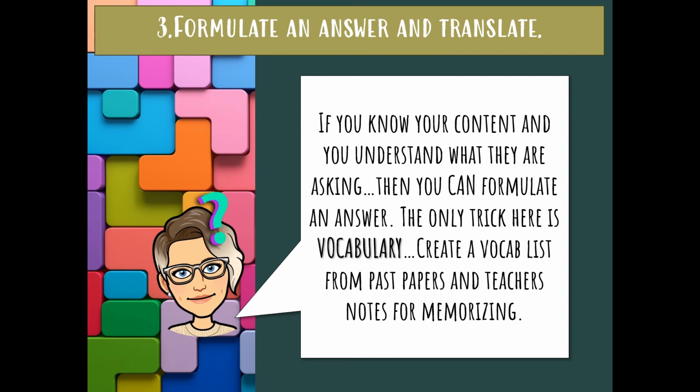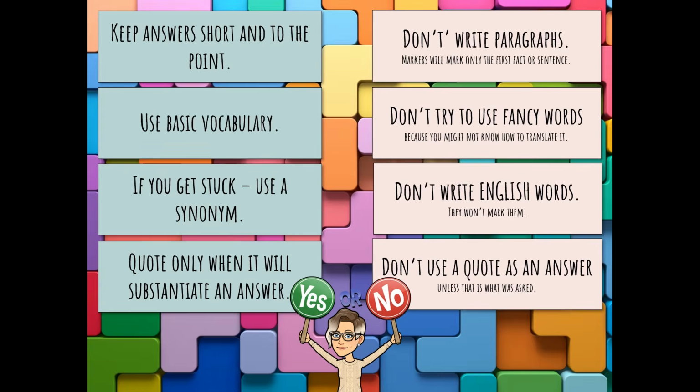So then you know you're going to use the word identity. What is identity in Afrikaans? And next to it, you write identiteit, and you need to memorize. So this is the part where you need to sit down and really memorize question words and vocabulary that you need related to your poems or your short stories or your drama or novel.